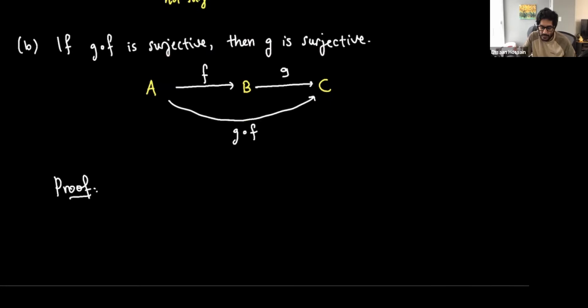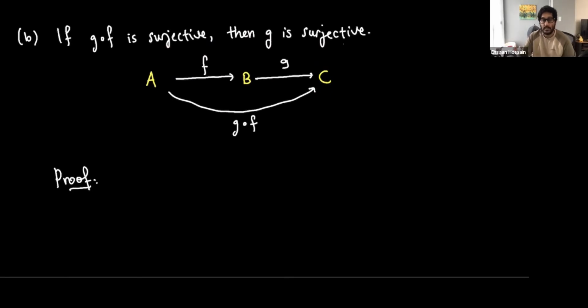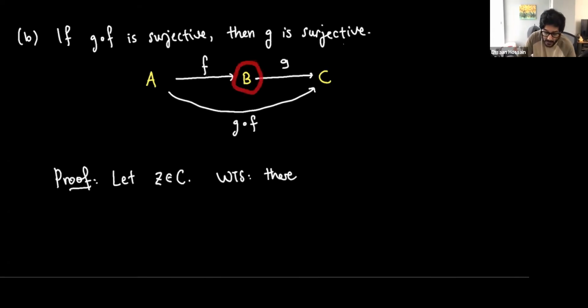Watch this. So I need to say, take an arbitrary target in C. Let's call it Z. Let Z be an element of C. We want to show that Z is hit by some element in the domain of G, and the domain of G is B, so I need to find some element Y in B such that G(Y) equals Z. You might be asking, why am I using Z and Y?